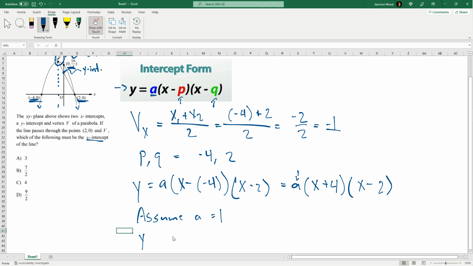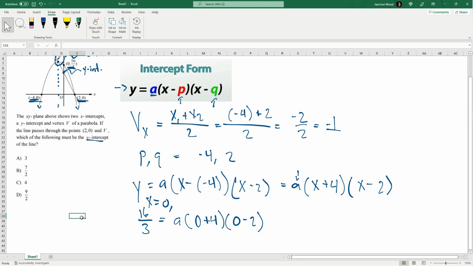We would need 16/3. Oh, actually, we can plug in that. Okay, not assume. We can actually just plug in that value directly, because we can say that 16/3 is equal to a times, and then x equals 0. So a times 0 plus 4, times 0 minus 2.